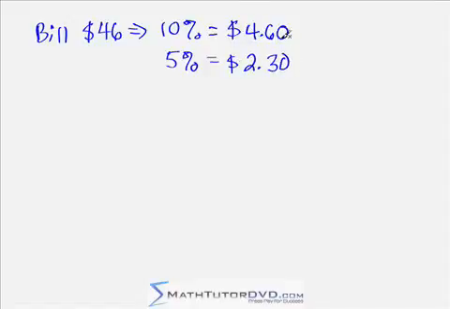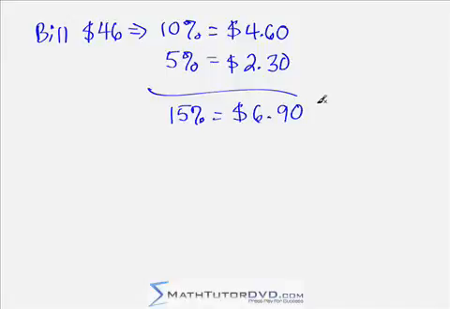Cut this in half to get $2.30. So ultimately, the 15% tip is $4.60 plus $2.30. Add them together and we get $6.90. So you can do this in your head: $4.60, cut it in half, $2.30, add it together, $6.90.